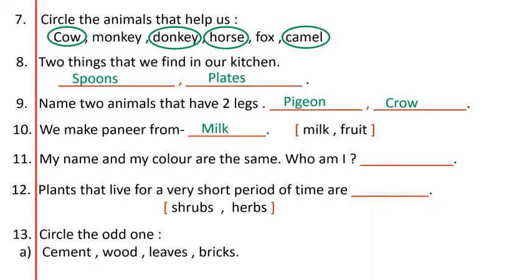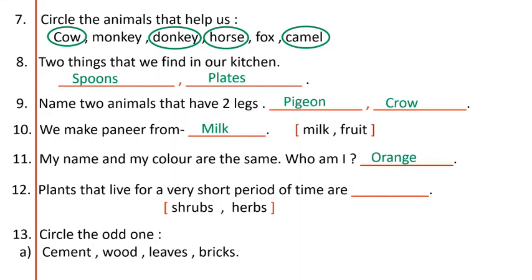Think, children. And it's a fruit, children. Think. Yes, very good. It is orange. Next, 12th question.